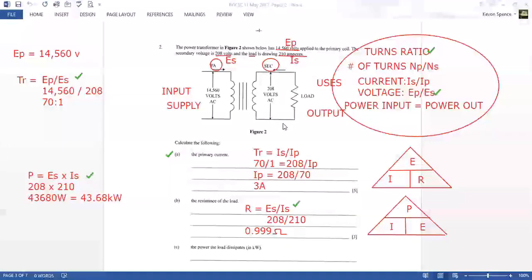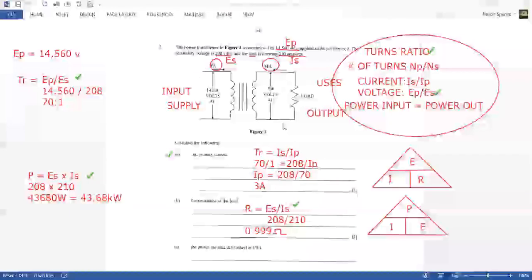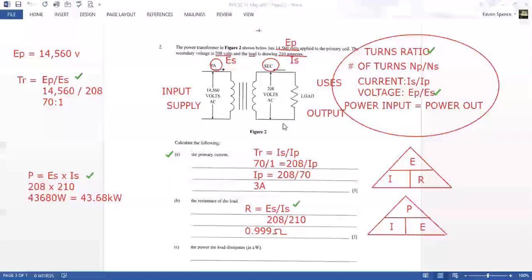If the secondary voltage is greater than the primary voltage, it is a step up transformer. The number of turns on the primary coil versus the number of turns on the secondary coil determines the amount of voltage that will be transferred from coil to coil.